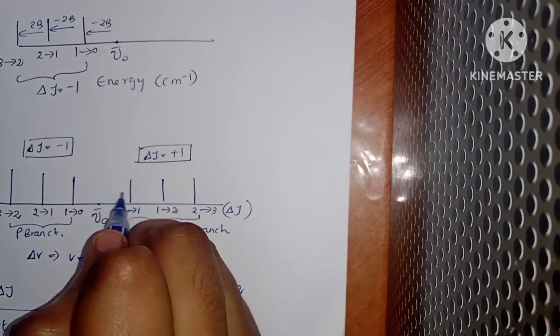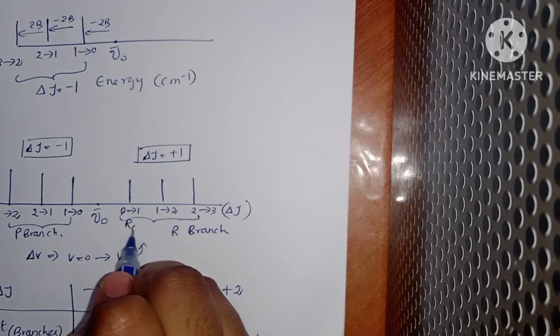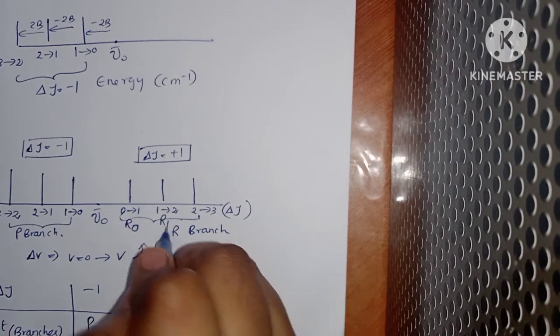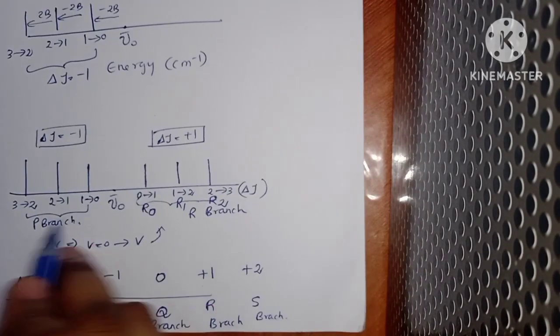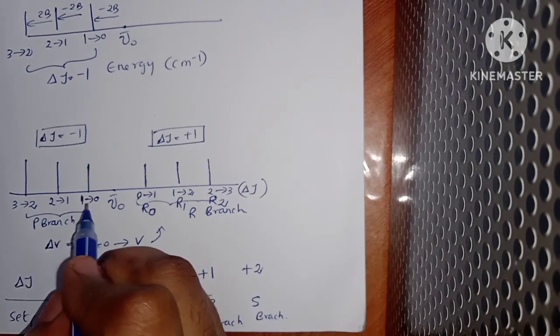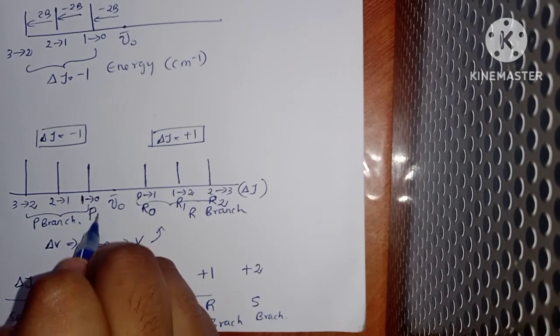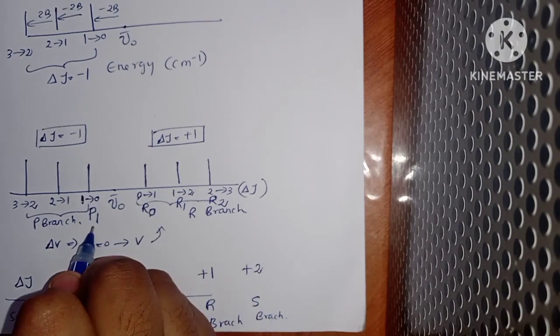So this first peak where it starts from 0 to 1, it can be represented as R0, and this is the R1 line and this is the R2 line. Like that, if we are considering the left side, it starts from 1, not from 0. So the first line is P1 only, not P0. Here it is R0, but here it is P1.